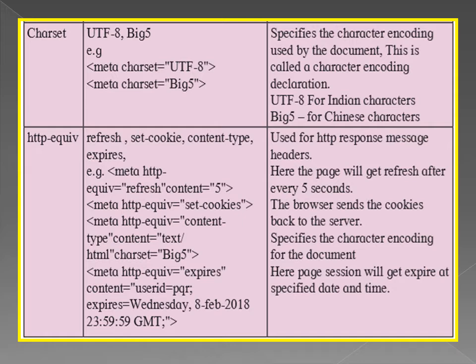Then next is meta http-equiv equal to content-type, content text/html and charset Big5, which means it specifies the character encoding, that is Big5, for the document, and it encodes it into text or HTML format. Then next is meta http-equiv expires, which means the page session will expire at a specified date and time.